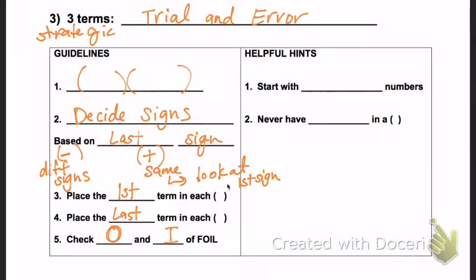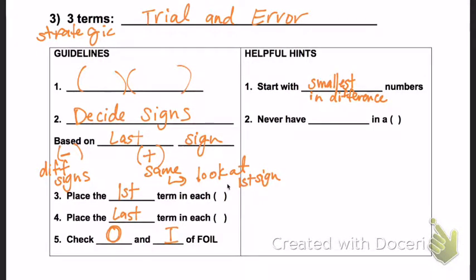Some helpful hints. These notes are helpful, but I promise you, doing examples over and over is going to be the best. Helpful hints: start with the smallest numbers, smallest in difference.